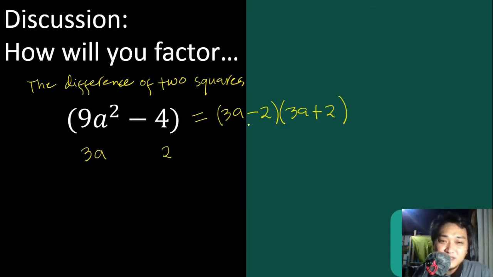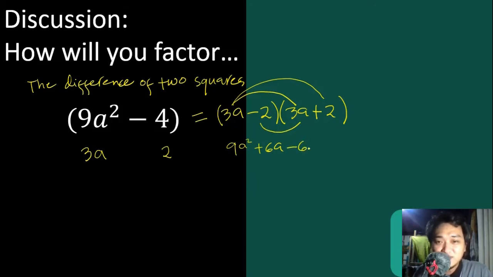So, in such a manner na pagka minultiply mo tong dalawang to, at least using distributive property, 3a times 3a is 9a squared, and 3a times positive 2, that is positive 6a. You're going to multiply negative 2 to 3a, that is negative 6a. And if you're going to multiply negative 2 to positive 2, that will become negative 4. Cancel out the middle term because they are zeros. So that will be 9a squared minus 4. So pareho lang.